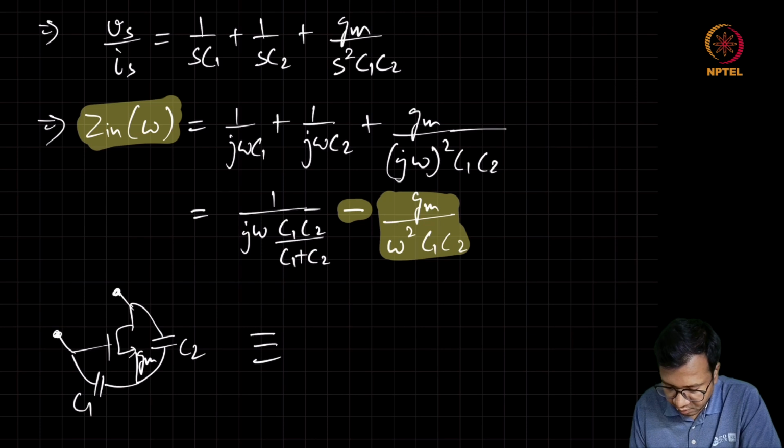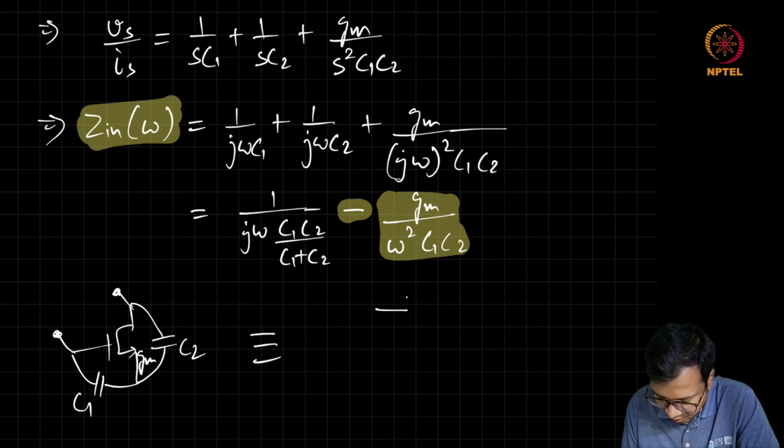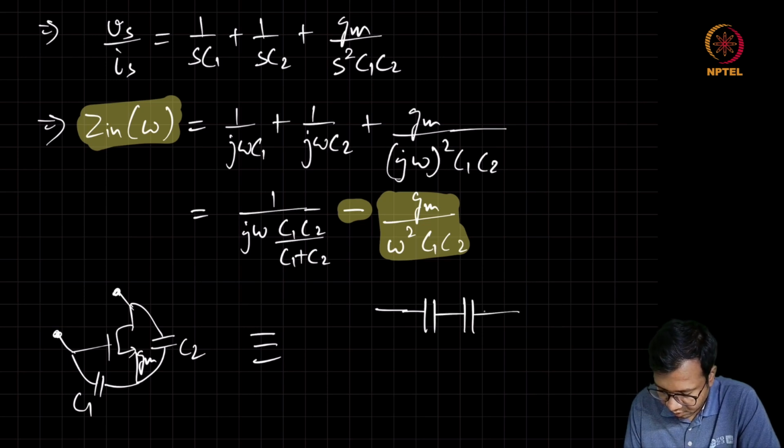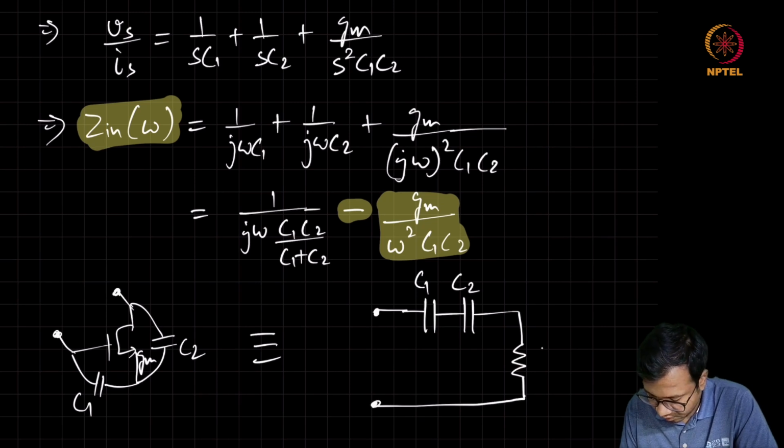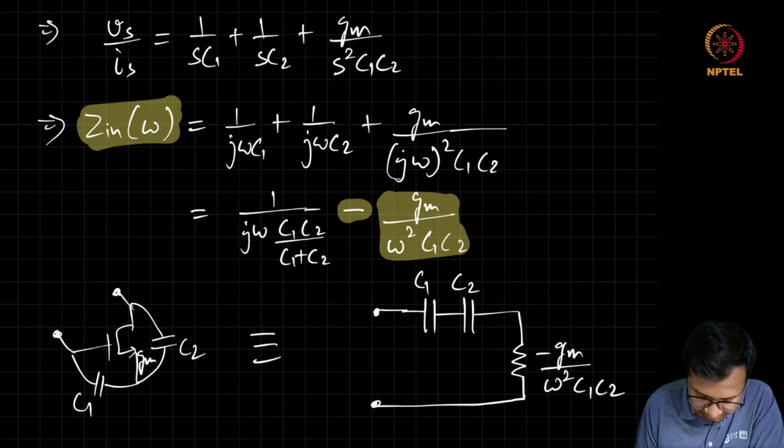This is equivalent to having a capacitor which is the series combination of C1 C2 and a negative resistance of value minus Gm by omega square C1 C2.